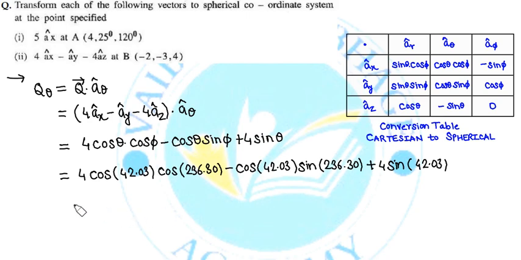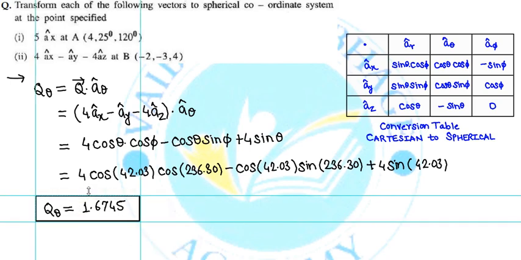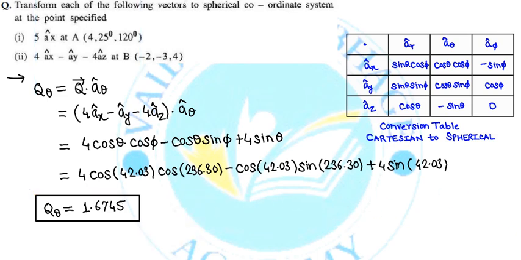Now if you simplify that, you will find that the value of q theta is equal to 1.6745. So we have the second element for the spherical system. Assign some equation number to this one. I guess this is equation number 3. You can refer to previous slides.